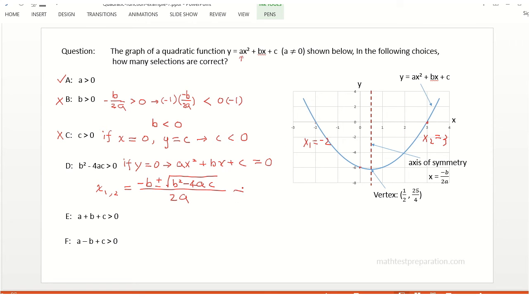So in our case, b squared minus 4ac is larger than 0. So choice D is correct.